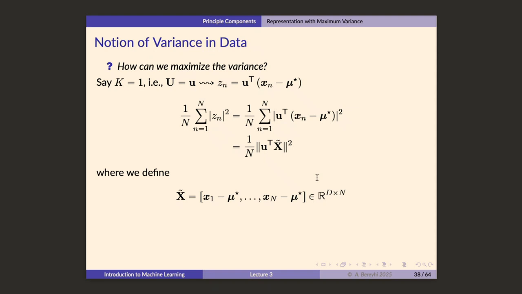Yes? Okay, so now instead of A, I have this vector U transpose times X tilde. And if I want to compute the norm, I can write U transpose X tilde, transpose, times U transpose X tilde.